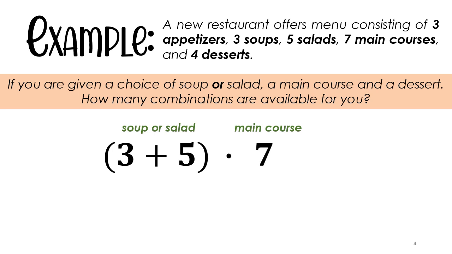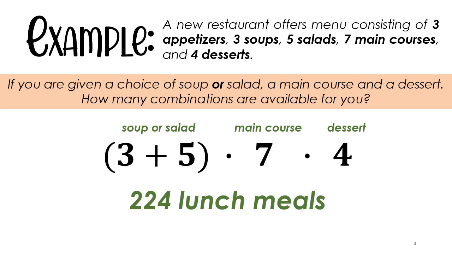Again, we have 7 choices for the main course. And lastly, for a dessert, we have again 4 choices. Therefore, we have 3 plus 5 times 7 times 4. So we can have 8 times 7 times 4, that is equal to 224 combinations of lunch meals.